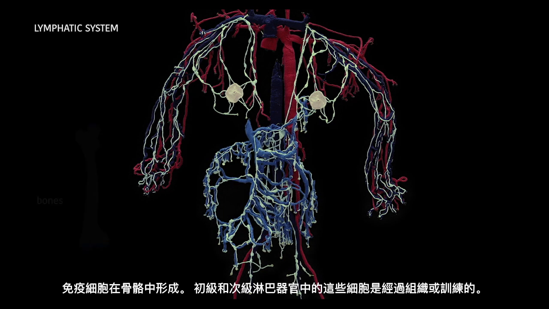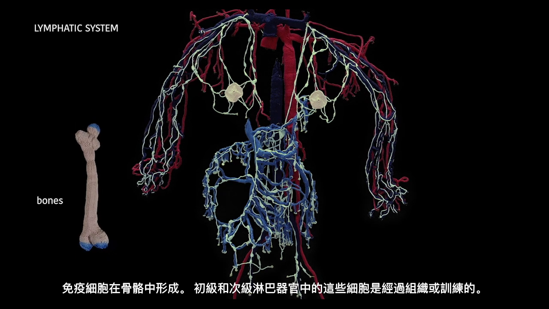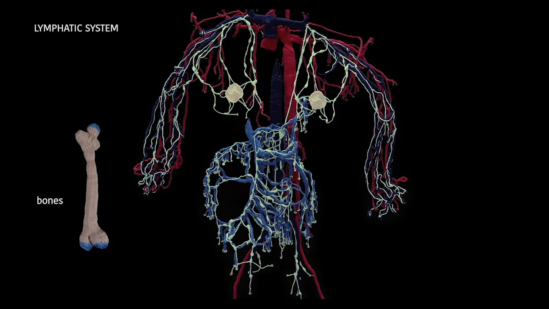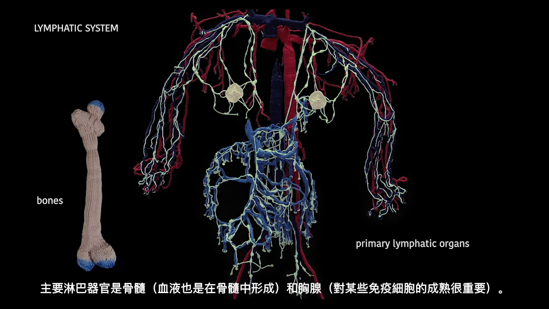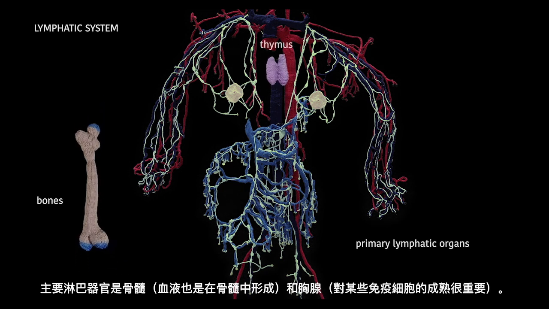Immune cells are formed in the bones. Organized or trained are these cells in the primary and the secondary lymphatic organs. Primary lymphatic organs are the bone marrow, where blood is also formed, and the thymus, which is important for the maturation of certain immune cells.